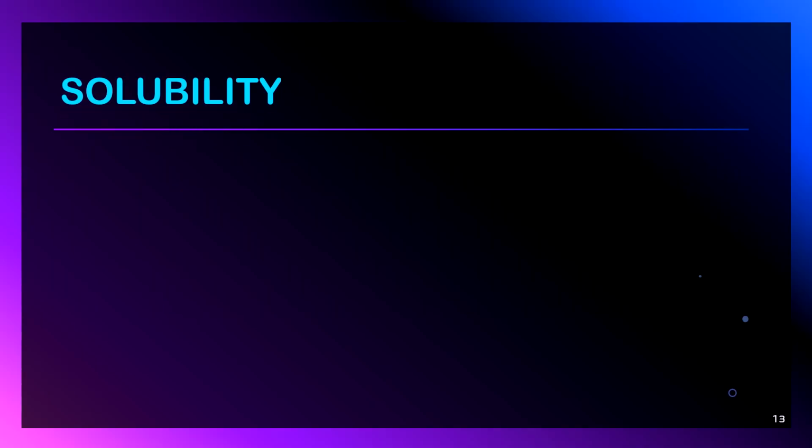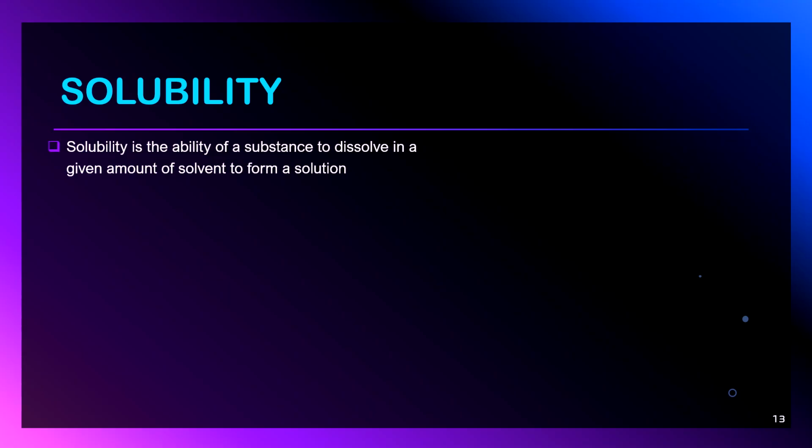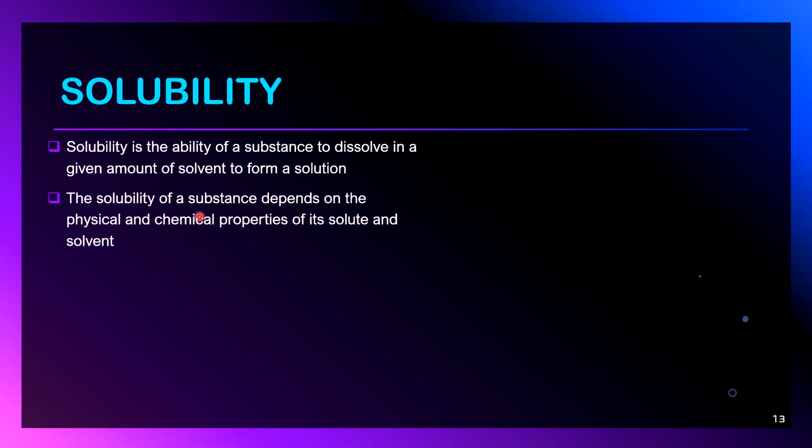So lastly, solubility is the ability of a substance to dissolve in a given amount of solvent to form a solution. The solubility of a substance also depends on the physical and chemical properties of its solute and solvent. A solute is a substance that dissolves in a solvent.